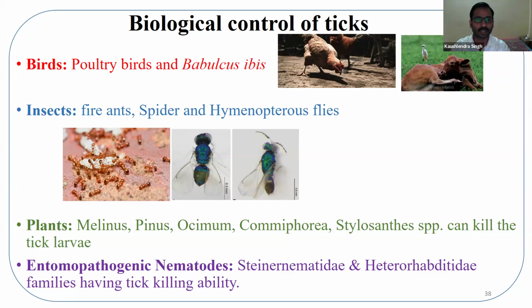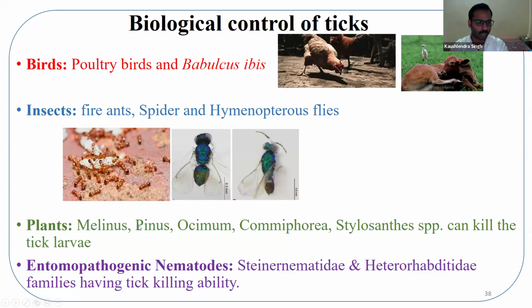In some reports we have seen that if the desi birds are not fed for more than 30 minutes, they search for ticks in the cracks and crevices near the shed, and they can eat insects like fire ants, spiders, and Hymenopteran flies, and tick larvae or eggs. The plants Melinis and Pinus, and especially Stylosanthes species, can kill tick larvae.